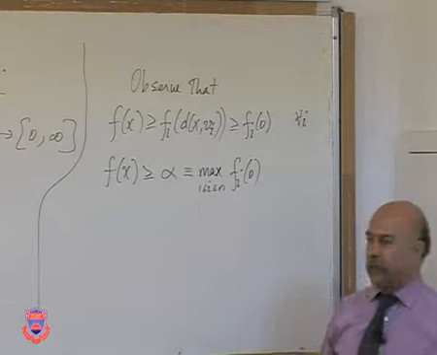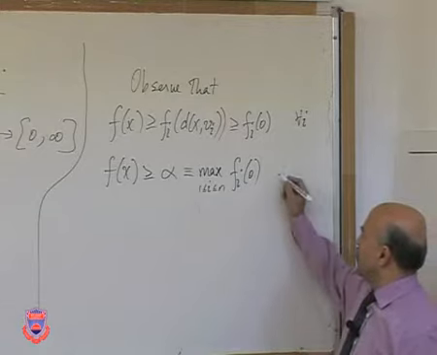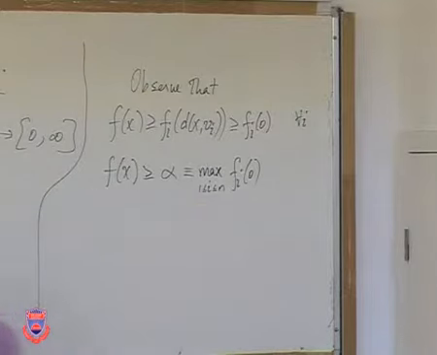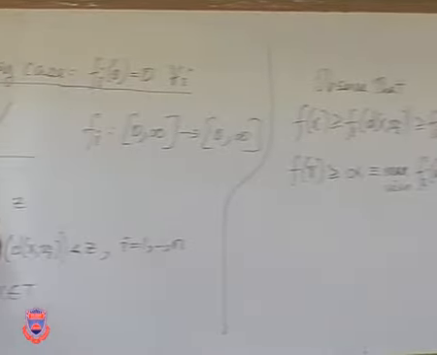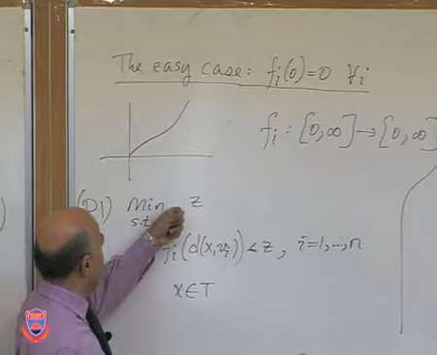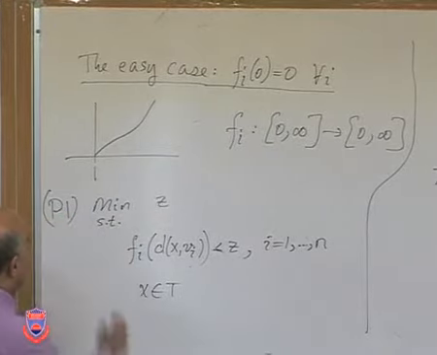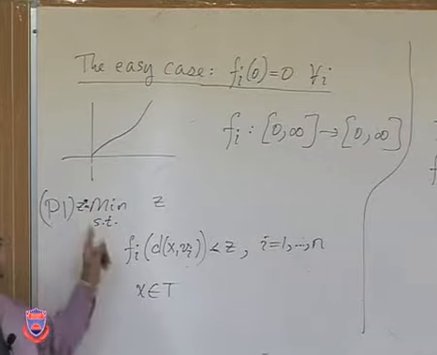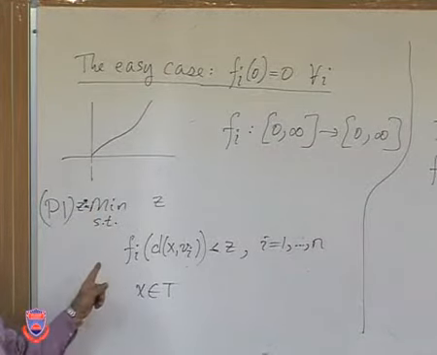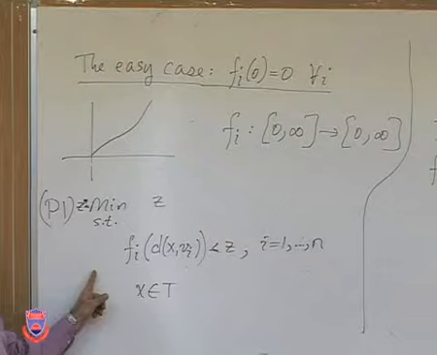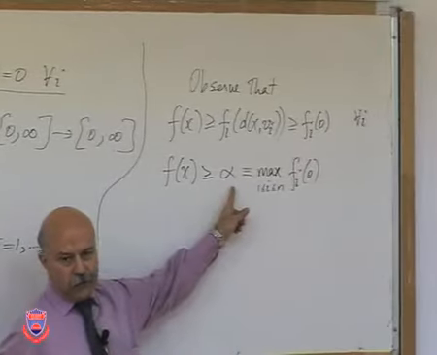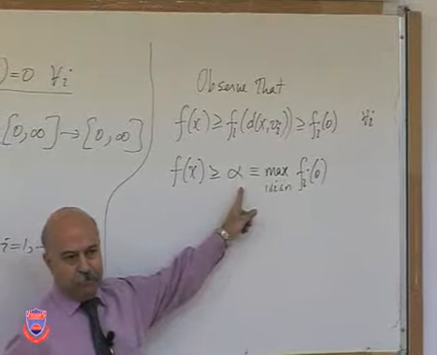Okay? That's why I'm giving you the general situation now. So in this case, since the minimum value of this optimization, let's call it z star, whatever the optimizing value is, that's going to be greater or equal alpha, which is greater or equal 0. Okay?